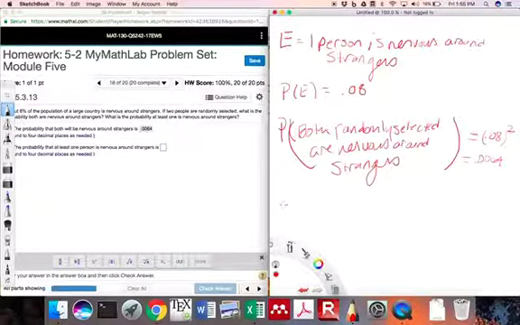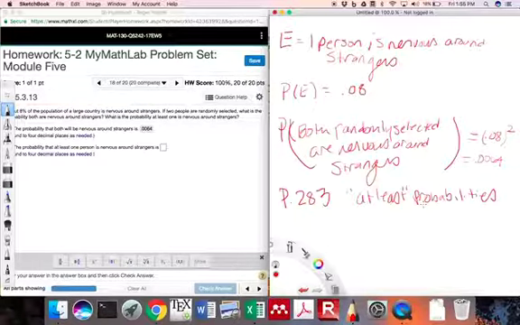So look at page 283 in your text for a great discussion of at least probabilities. And you'll find that at least probabilities are computed in this way because the phrase at least means greater than or equal to.